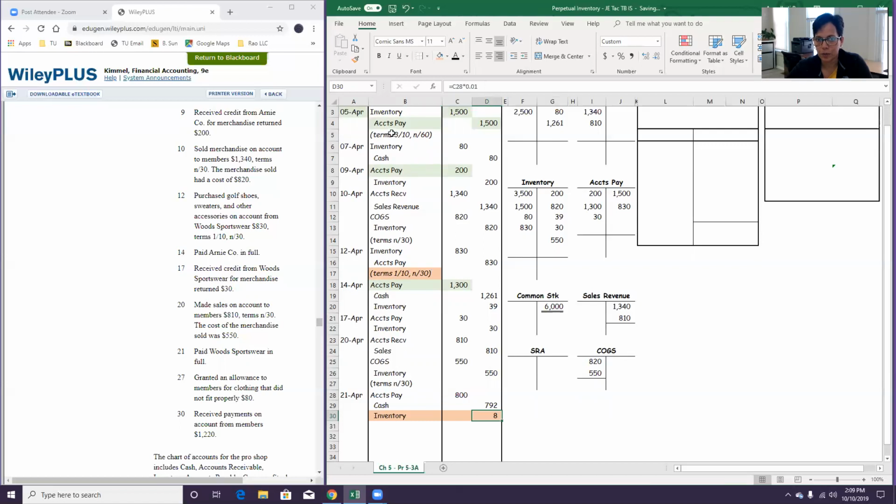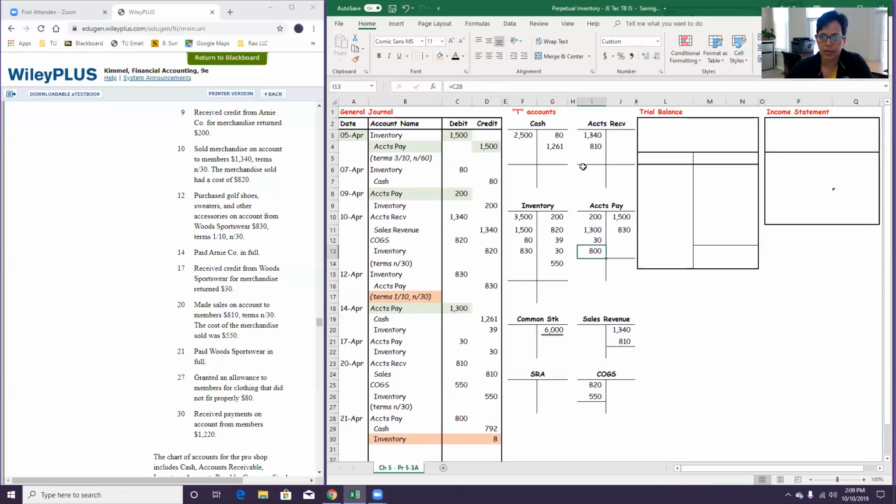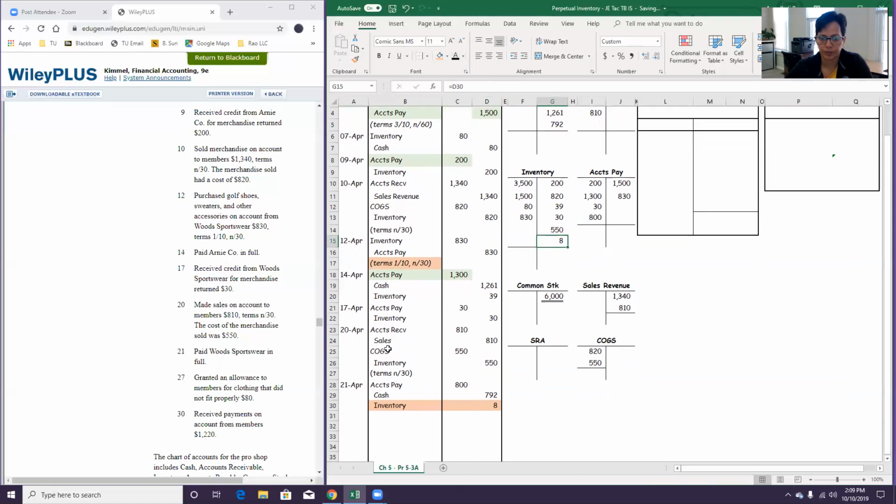If you recall the first purchase, it was 3/10 net 60. So this was a less generous discount. Nonetheless, it was a discount. We're paying $8 less. So we saved $8 over here. So accounts payable is debited $800. Cash is credited $792. And inventory is credited $8. Okay.